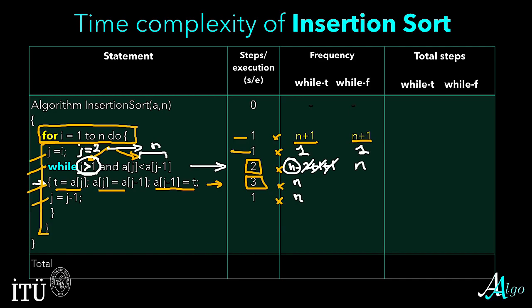Well, n plus 1 for the exit test, but here it's n times. So it's almost the same thing. We said n plus 1, so the order of n, same thing. So let's multiply by n. This is our for loop, times n, times n, times n. So the complexity is already in the order of n squared.